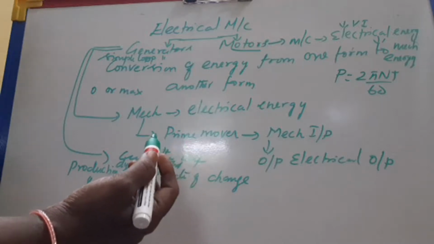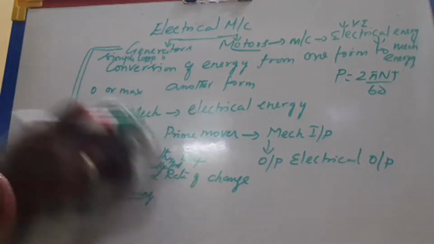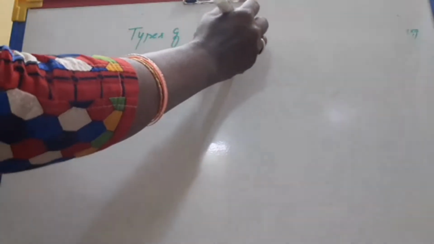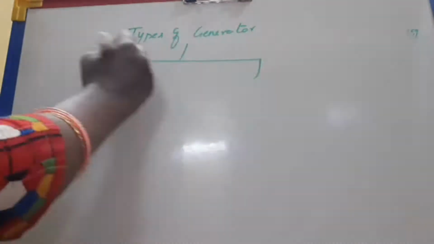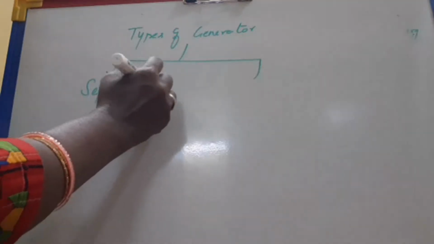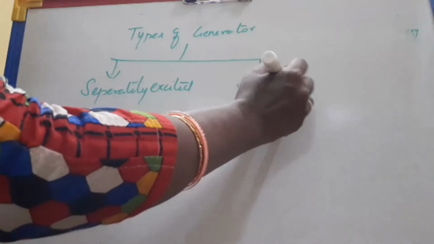In the types of generator and types of motor, for generators we can consider separately excited generator and self-excited generator. In the case of motors, we can also take self-excited motor. So the types of generator are separately excited and self-excited.